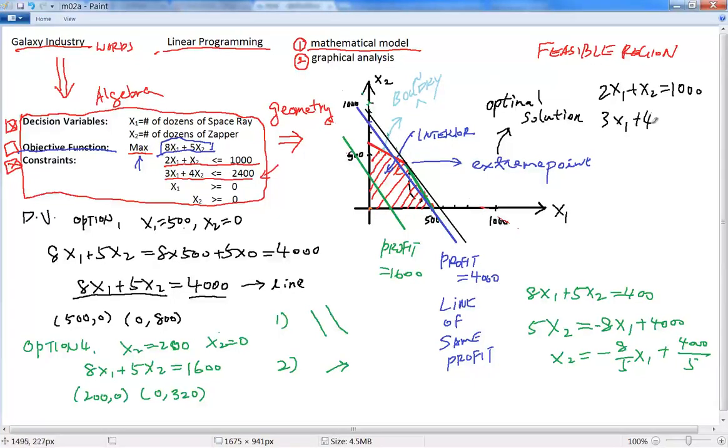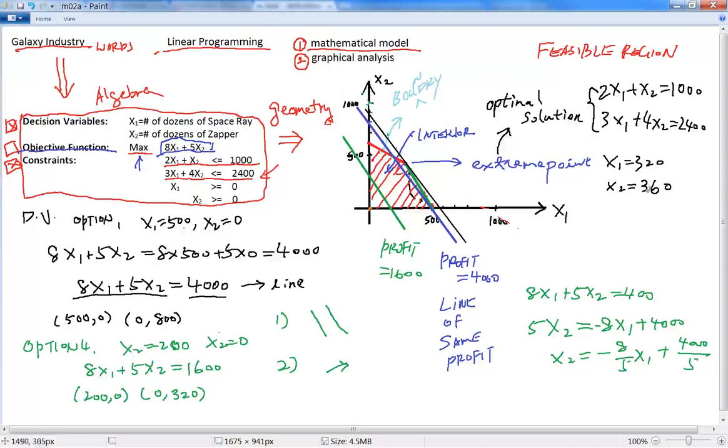The second equation, which is the time constraint, corresponds to the red one. So you set up these two equations and then you can solve for the solution, which turns out to be x1 equal to 320, x2 equal to 360.